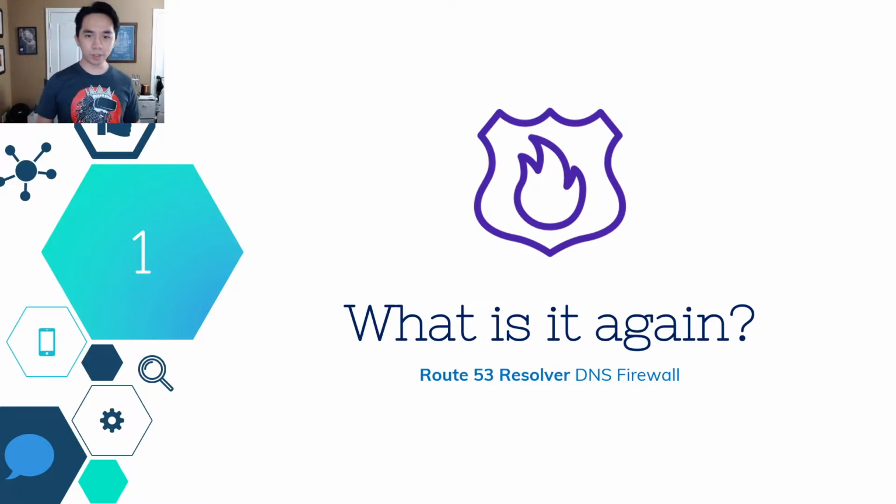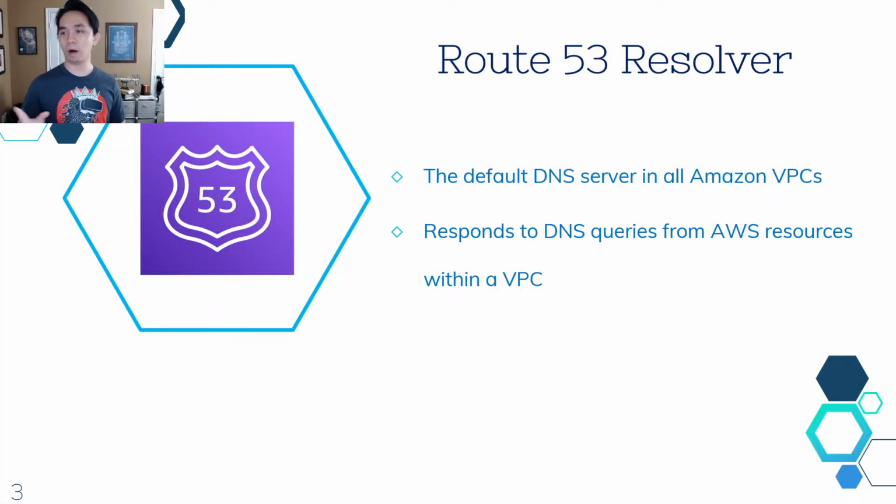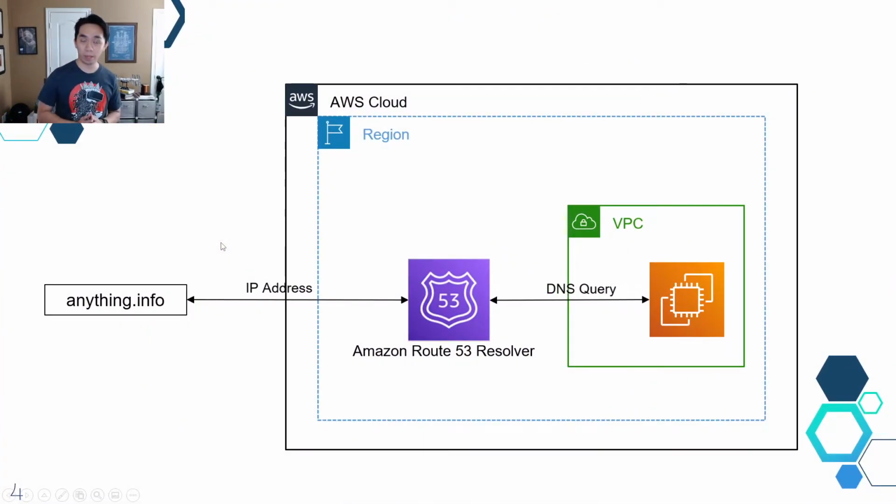Now, before we talk about DNS Firewall, I think we need to talk about the default DNS server in all Amazon VPCs, that is Route 53 Resolver, right? Its job is to respond to DNS queries from AWS resources within a VPC. And here is a simplified diagram of how that works.